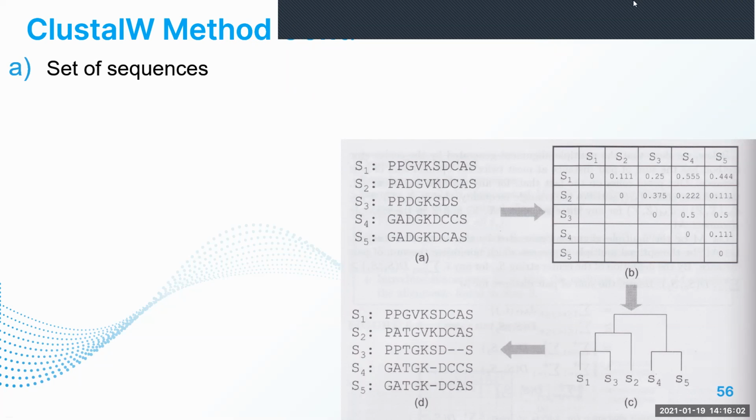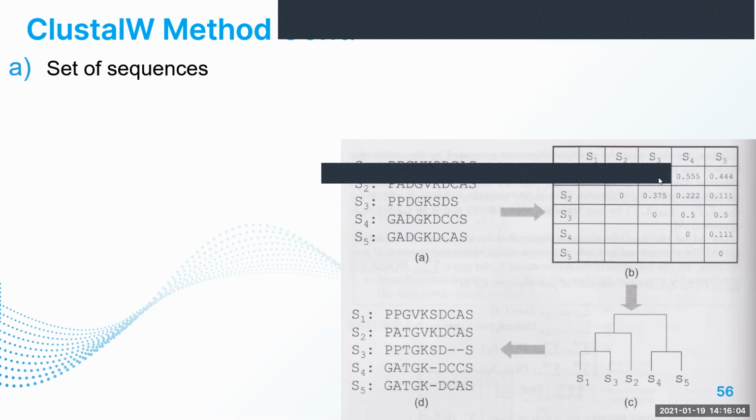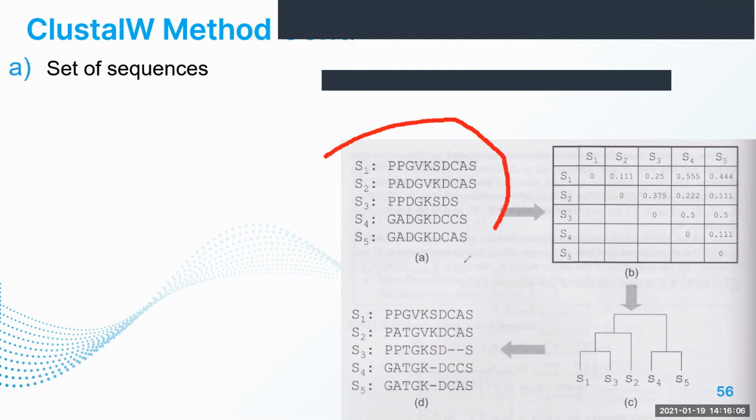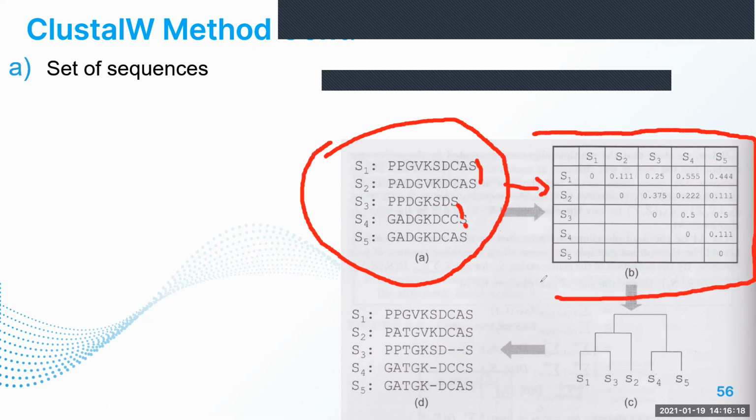Here, suppose you have a set of sequences. Then you do the pairwise dynamic programming, and generate this similarity matrix. After that, based on this similarity matrix, you generate this phylogenetic tree.